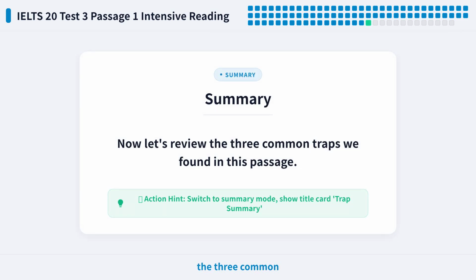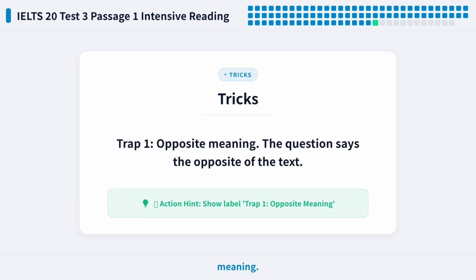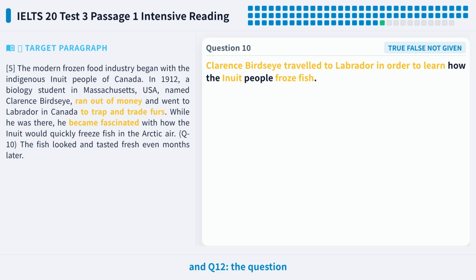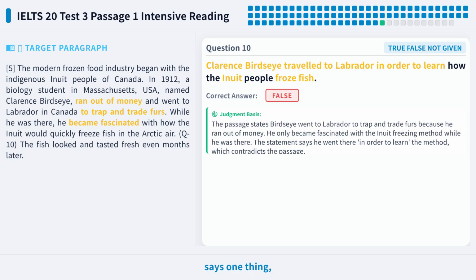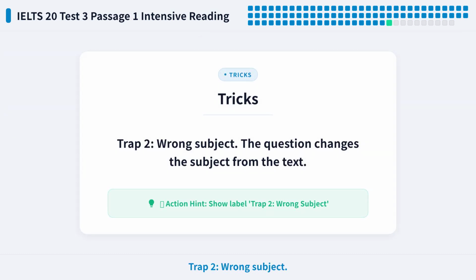Now let's review the 3 common traps we found in this passage. Trap 1, opposite meaning. The question says the opposite of the text. For example, Q10 and Q12, the question says one thing, but the text says the opposite. Trap 2, wrong subject. The question changes the subject from the text.